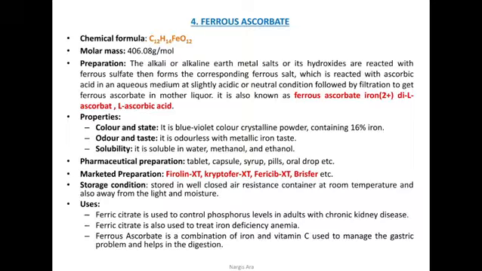It is stored in well-closed air resistant container at room temperature and also away from the light and moisture.